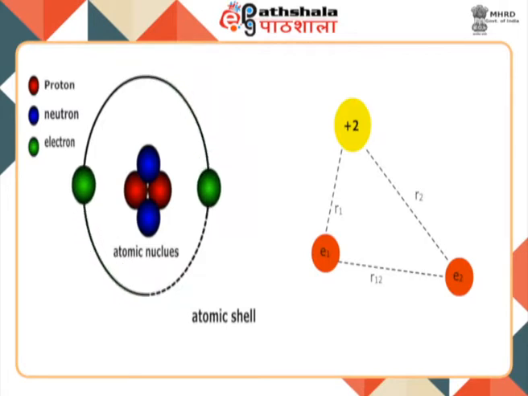And for writing the Schrödinger equation, we need to write the Hamiltonian for the helium atom. As you can see from the diagram here, the helium atom has two electrons and their coordinates are r1 and r2. And the nucleus has a charge of +2.